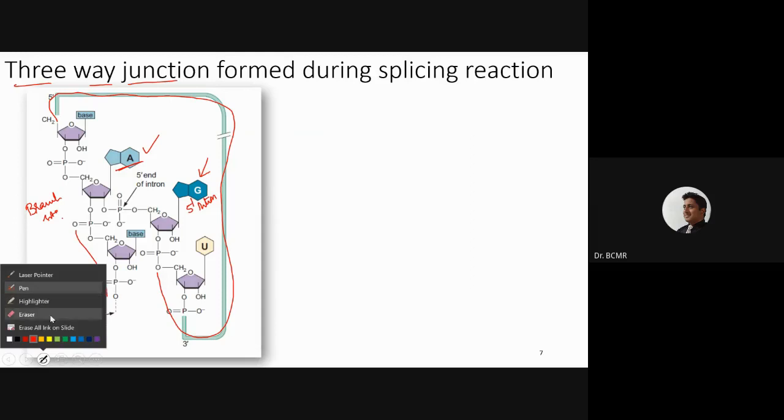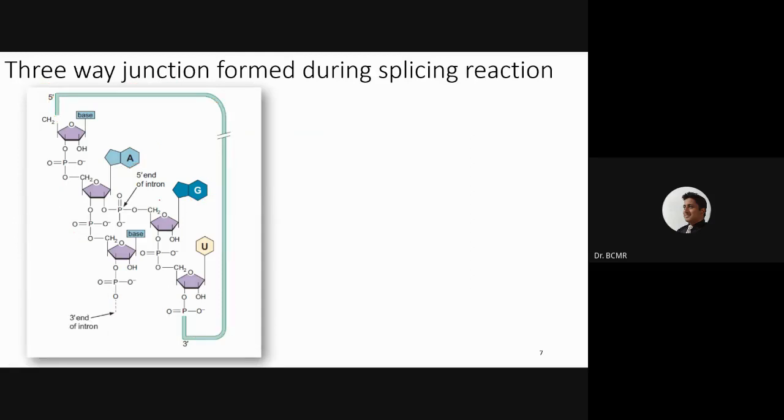So I want you to think of one of the bonds that we discussed when we were discussing the G cap. In the G cap you have 3 phosphates, something like this, and then you have the mRNA, right? Say here you would have adenine or so. And then we were discussing a bond called the 5' 5' bond.